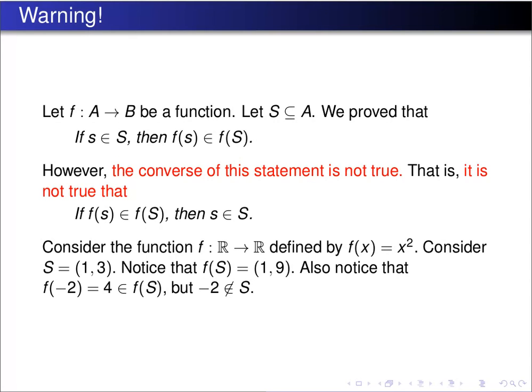But -2 itself is not a member of S. So this example here shows that it is not true that if f(s) is an element of the image of the set S under f, then little s is an element of S.